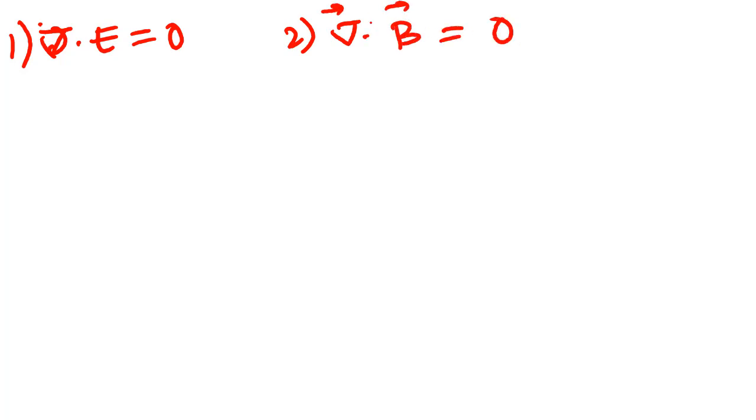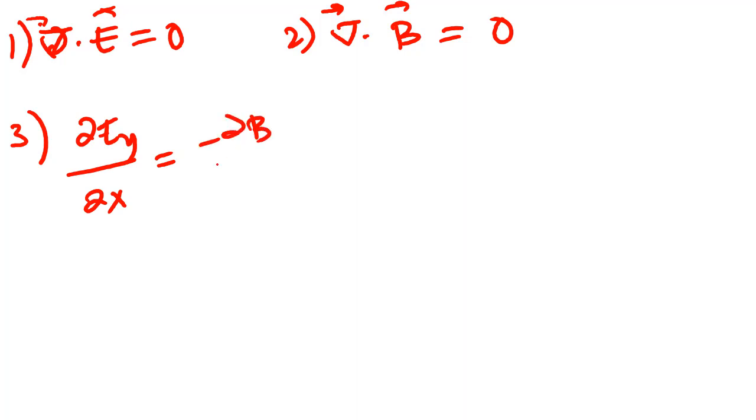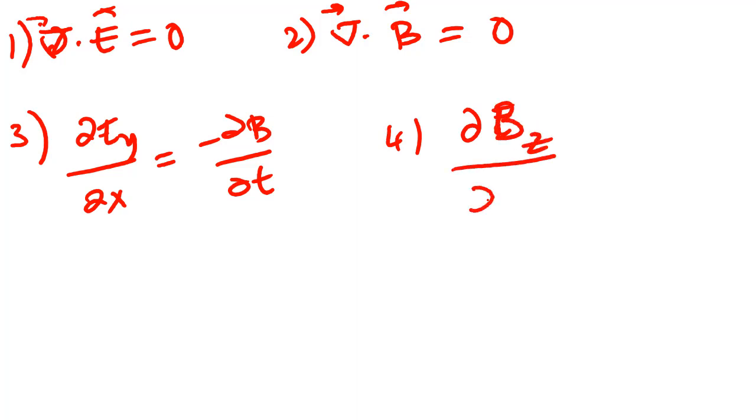So what we have now is that we didn't do anything with del dot E is equal to 0, or with del dot B is equal to 0. But we have reduced the curls to a one-dimensional case, and that is dou Ey by dou x is equal to minus dou Bz by dou t, and then we got dou Bz by dou x is equal to minus mu naught epsilon naught dou Ey by dou t.